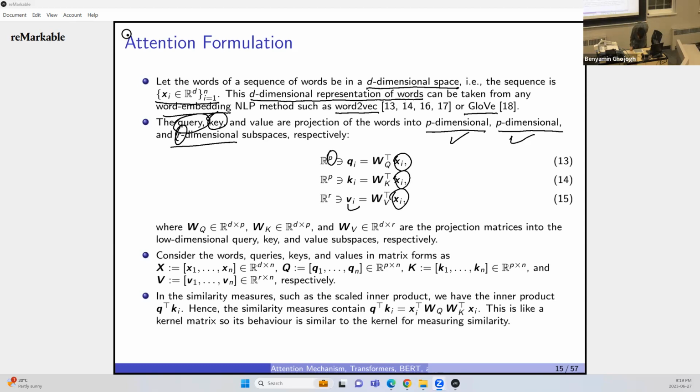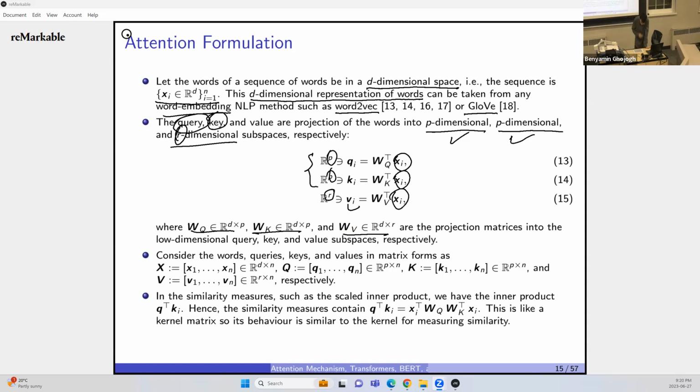For key, I project x_i to a p-dimensional space, and for value, to an r-dimensional space. The dimensionality of query and key should match because I'm going to compare their similarity. So far clear? d is the dimensionality of word2vec, p of query and key, r of value, and W_Q, W_K, W_V are learnable weights by backpropagation.